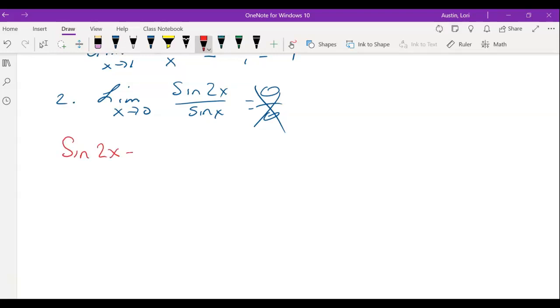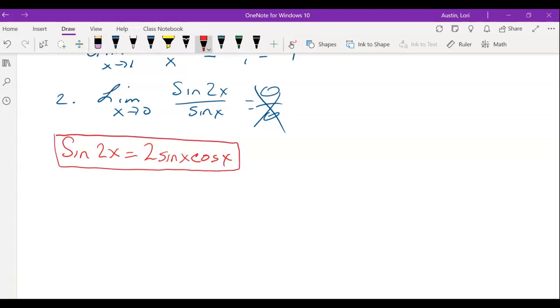Sine of 2x is the same as 2 sine x cosine x. You do not need to memorize every trig identity, but there are ones we're going to use a lot. This is one of them. Know it. The Pythagorean identities, know those two. We'll come across those at some point.